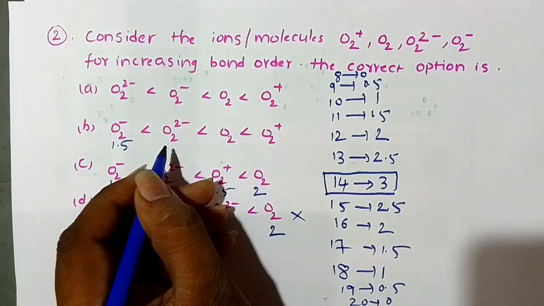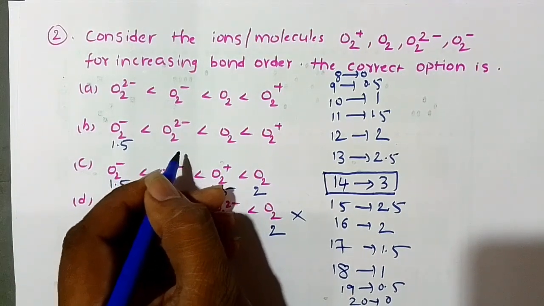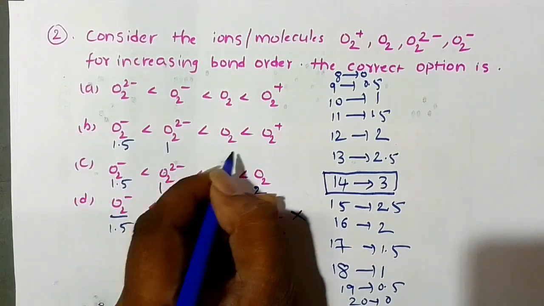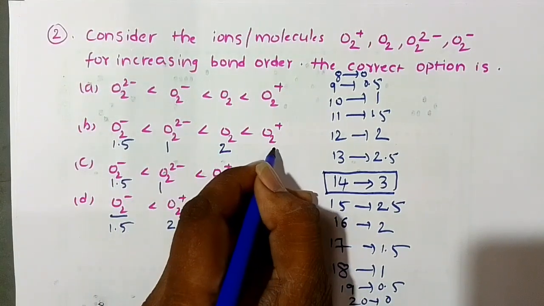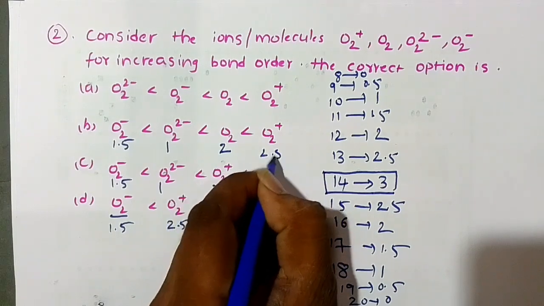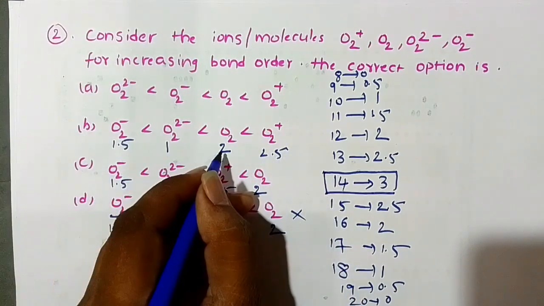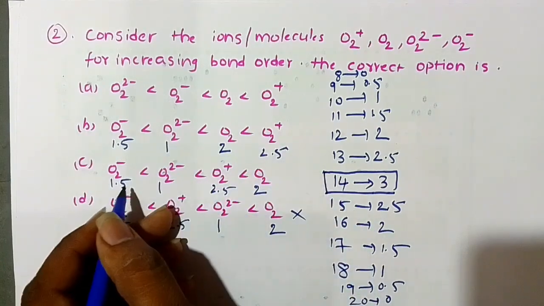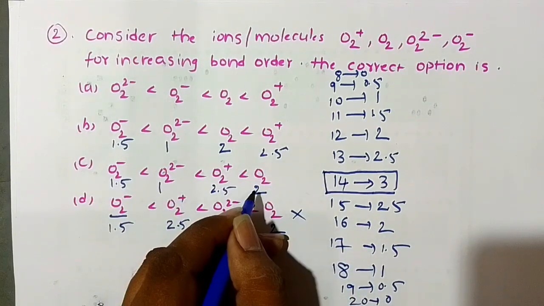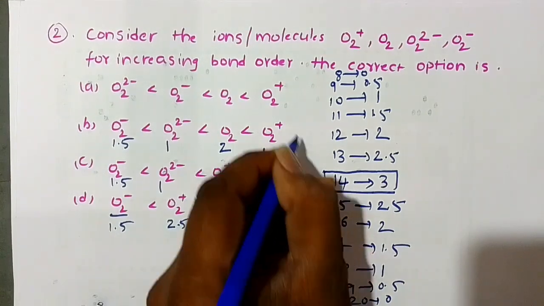O2 2- has 18 electrons, 1. O2+ has 15 electrons, 2.5. O2 has 16 electrons, 2. That order is also not correct. The order 1.5, 1, 2, 2.5 is also not correct. And 1.5, 1, 2.5, 2 is also not correct.